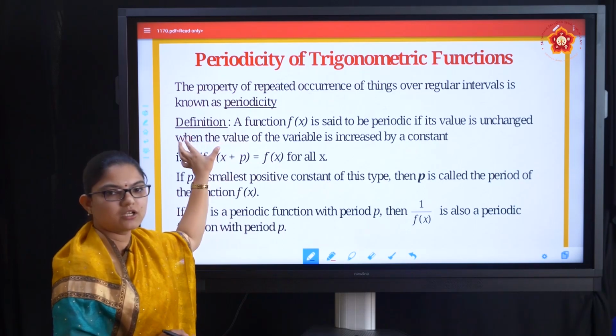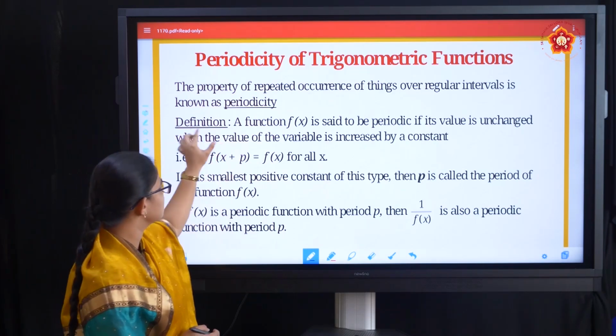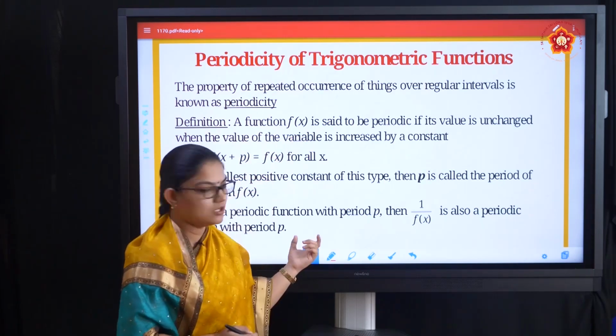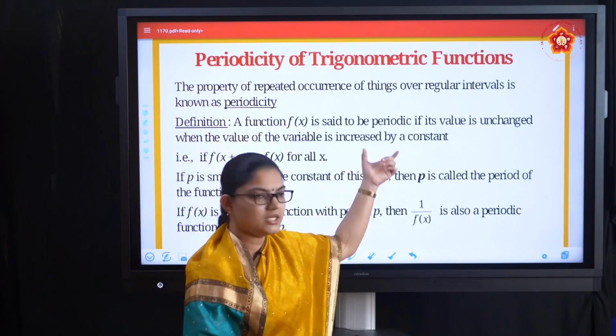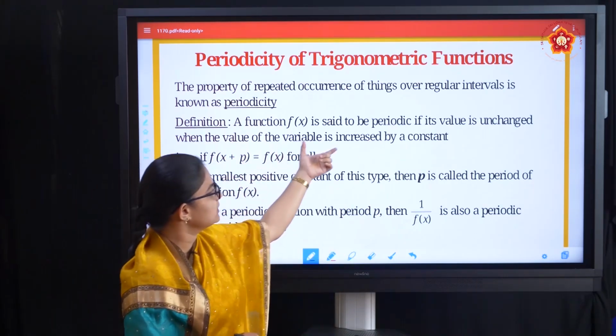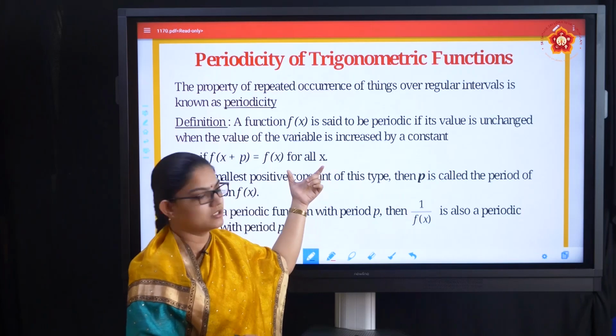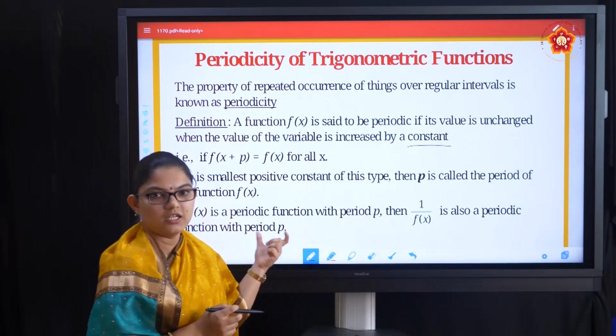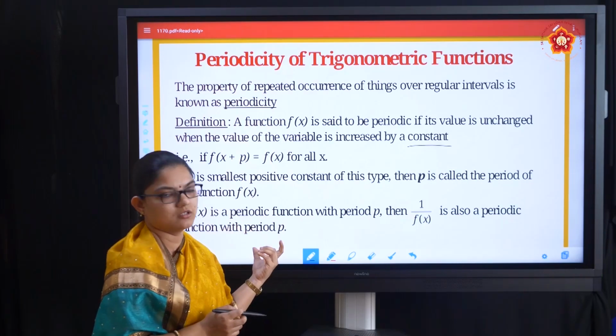Now let us talk about periodic function. What kind of function do we call a periodic function? Its definition says a function f of x is said to be periodic if its value is unchanged when the value of the variable is increased by a constant. The word constant is a significant factor here.